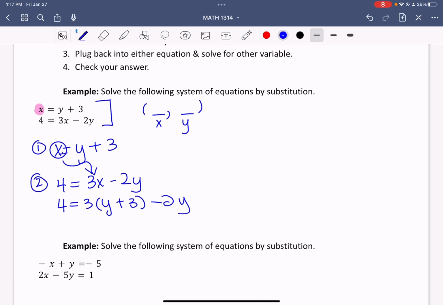Excuse me, I need to finish solving. So I'm going to distribute. That gives me 4 equal to 3y plus 9 minus 2y. Combine your y's. So I get 4 equal to 3 minus 2 gives me 1y, plus 9, and then I could subtract that 9.